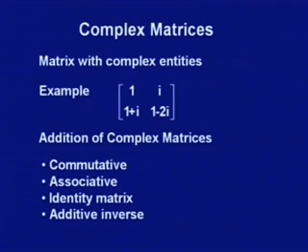and the proof is not difficult because real numbers are commutative. So, every element of a real matrix is commutative. Same thing happens with complex matrices, since complex numbers are commutative in nature, and so are complex matrices. Similarly, one can prove the associativity of addition of matrices.